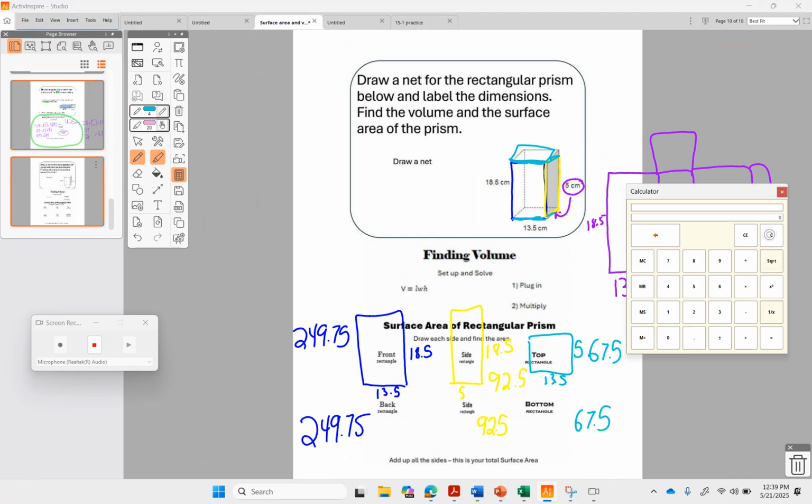So 249.75 plus 249.75 plus 18.5. Oops, I did that wrong. Let's try this again. 249.75 plus 92.5 plus 92.5 plus 67.5 plus 67.5 equals 819.